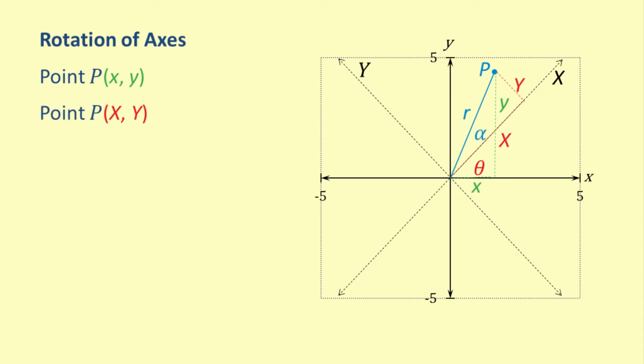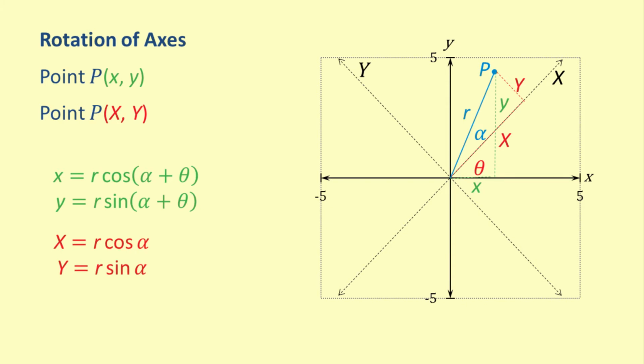Next, we will define angle alpha as the angle that r makes with the new capital X axis, which means that alpha plus theta is the angle that r makes with the original x-axis. We can now represent point P in polar coordinates using the following relationships. x equals r times cosine of the quantity alpha plus theta, y equals r times sine of the quantity alpha plus theta, capital X equals r times the cosine of alpha, and capital Y equals r times the sine of alpha.